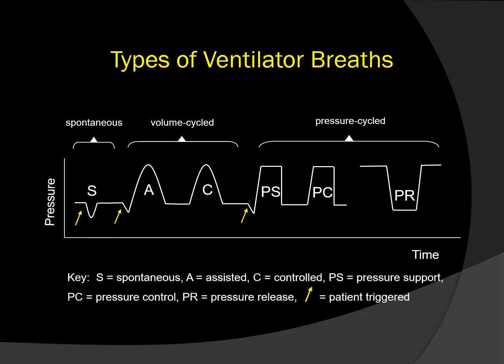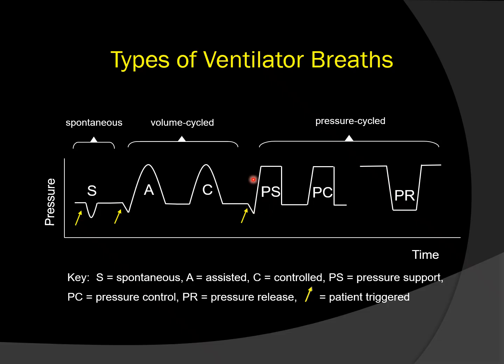So in the first 3 breaths, the patient's effort triggers the flow. So in a spontaneous breath, they make an effort with this yellow arrow, and then the flow is allowed in spontaneously. In an assisted breath, the patient makes an effort. There's a trigger sensor that recognizes the effort so that it assists the breath. And then in the pressure support breath, the patient makes an effort.